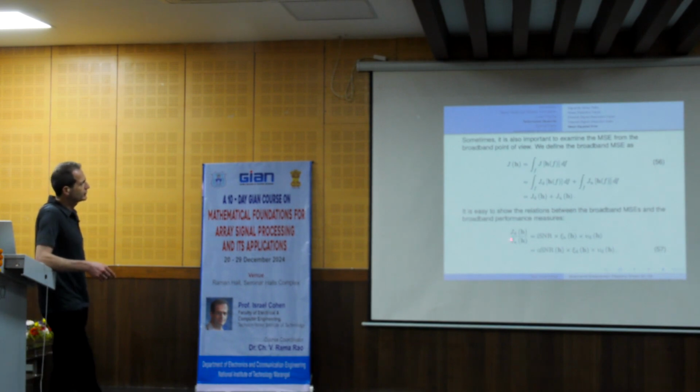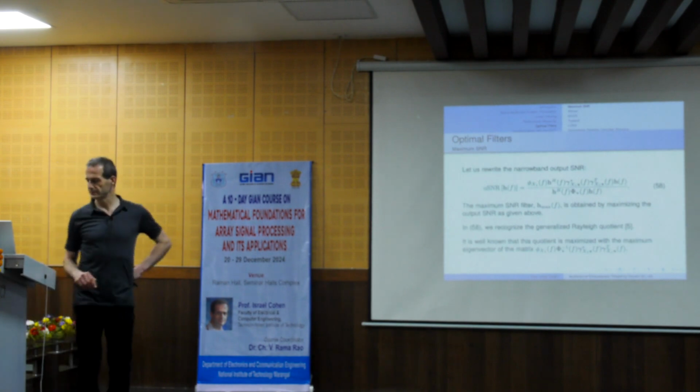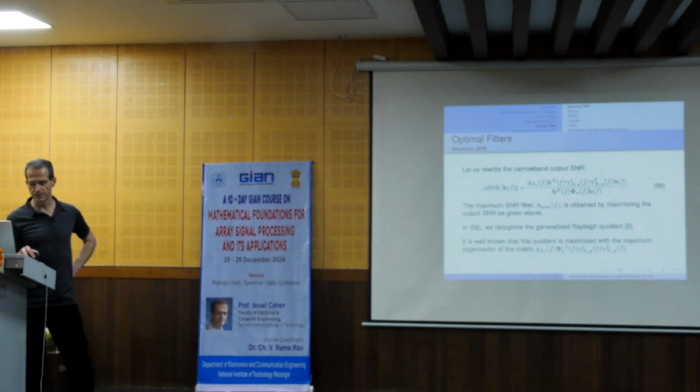So even for the broadband performance measures, we have a relation between the ratio of the MSC-based distortion and the MSC-based residual noise related to the other broadband measures, which is easy to verify. Now, after we defined the performance measures, we can move on to find optimal filters.